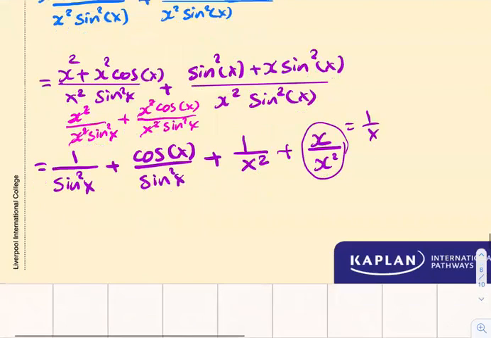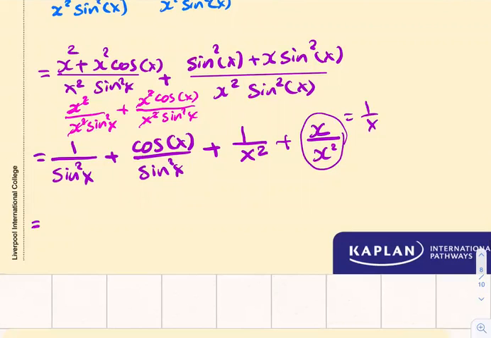Right, so next step, we are doing the integration for all these. So this is going to be 1 over sine squared x, which means 1 over sine squared is cosecant squared. And the cosine over sine squared means cot times 1 over sine, which is cosecant.